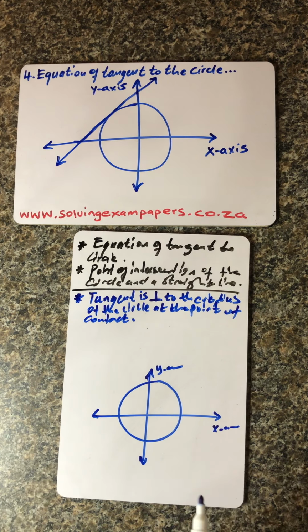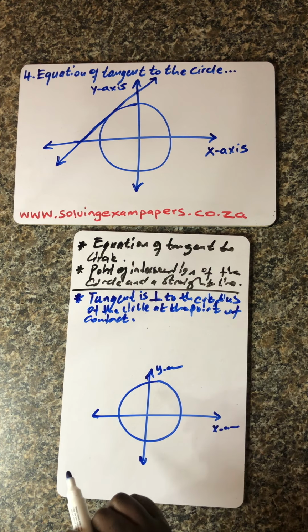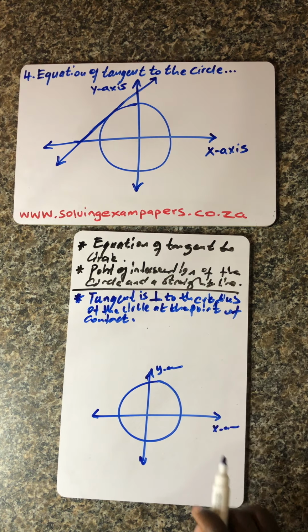Hope it makes sense, ladies and gentlemen. So in short, we're saying a tangent is perpendicular to the radius of the circle at the point of contact.